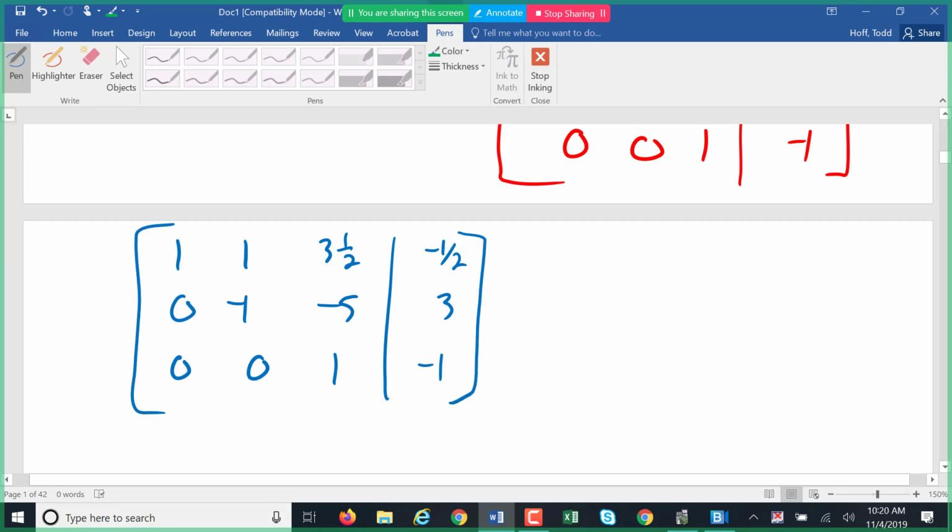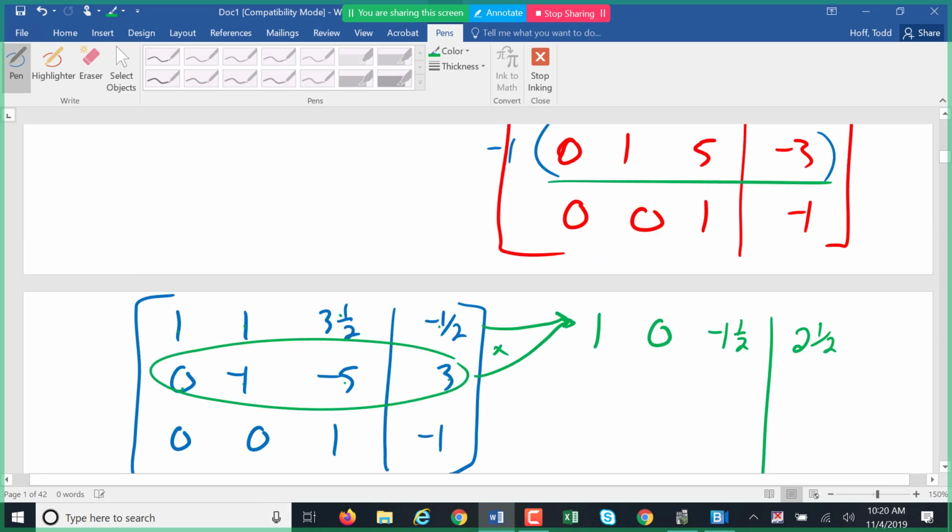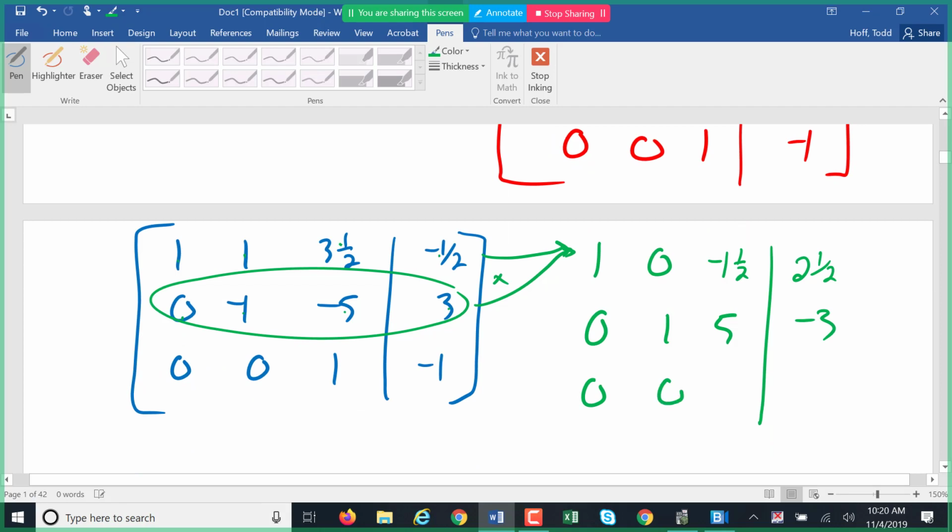So now what I'm going to do is add these top two lines and replace the top row with it. So 1 plus 0 is still 1. 1 plus -1 is 0. 3.5 plus -5 is a -1.5. -1/2 plus 3 is 2.5. The second row, I'm going to put it back to what it was before I multiplied by the negative. Back to this. 0, 1, 5, -3. And my bottom row has not been altered yet.